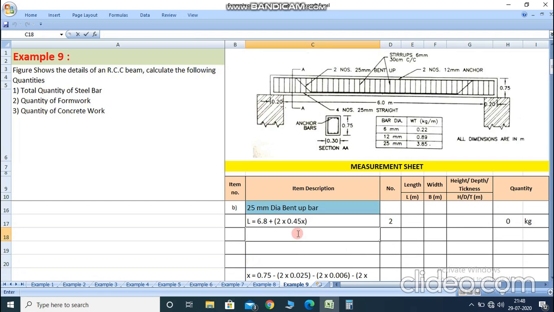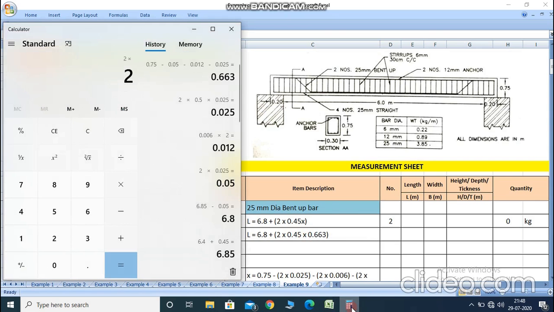So we add in this length value. L is equal to 6.8 plus, in the bracket, 2 times 0.45, and here the x value we got is 0.663. Clear? Now we calculate 2 multiplied by 0.45 multiplied by 0.663, so answer is 0.5967.